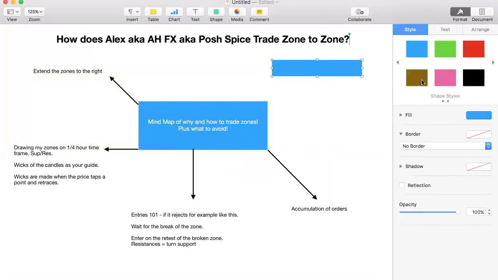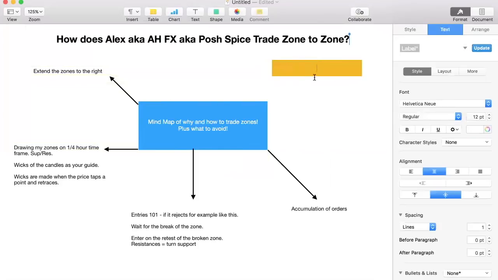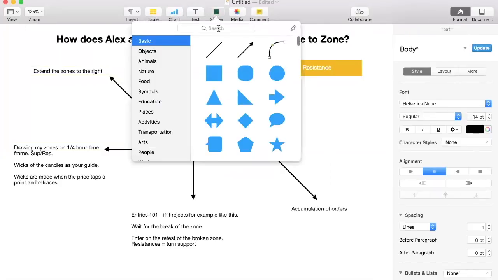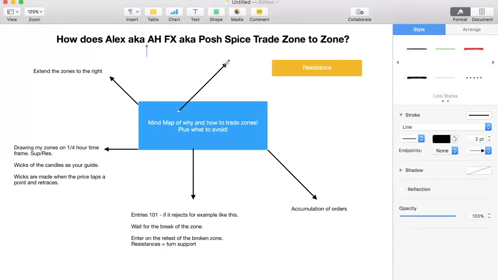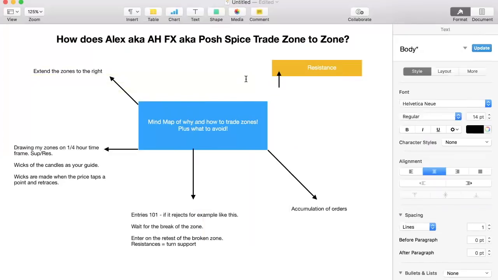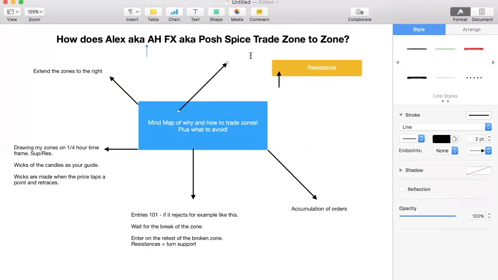We'll call it resistance, and price is pushing up to it, and we tap. But then the next candle's the same, and we literally just tap, and we tap, and we tap.